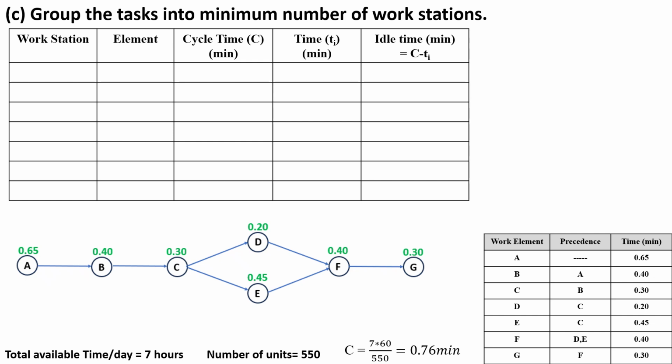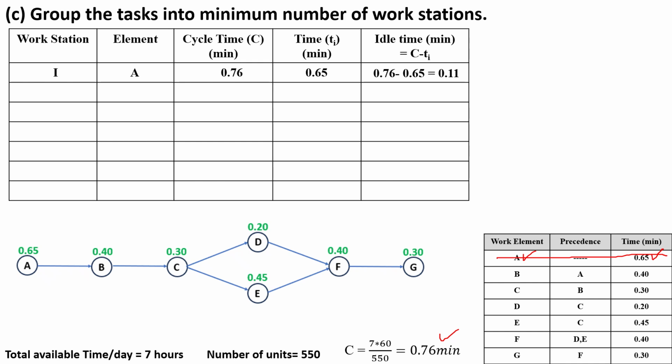First we start with workstation 1, and the first element is work element A. The cycle time for all the workstations is 0.76, and the task time for element A is 0.65. The idle time is the cycle time minus the task times of all the elements in the respective station. In workstation 1 there is only one element, A, so the idle time is 0.76 minus 0.65, which is equal to 0.11. So element A is completed.